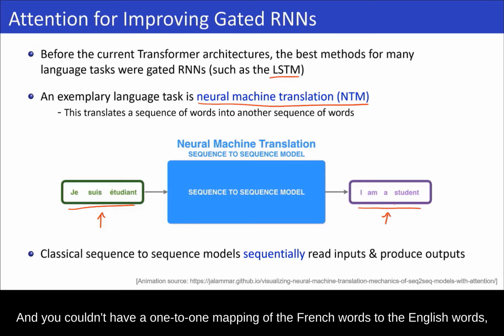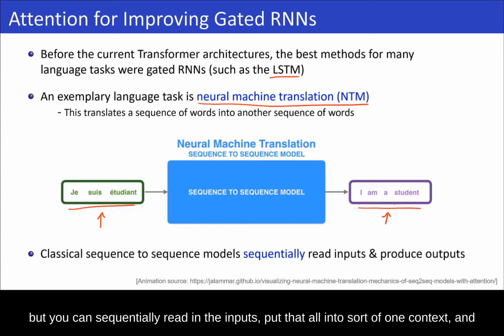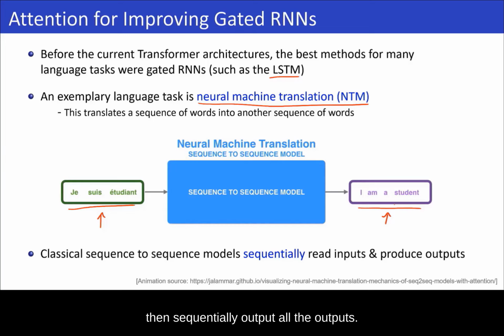You couldn't have a one-to-one mapping of the French words to the English words, but you can sequentially read in the inputs, put that all into sort of one context, and then sequentially output all the outputs. And that's what these sequence-to-sequence models do.